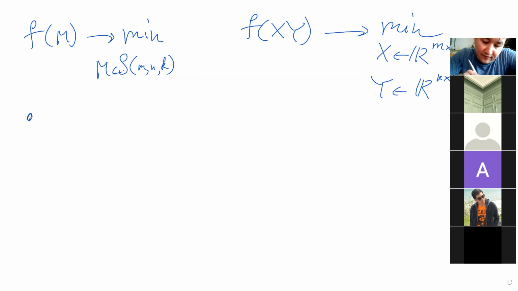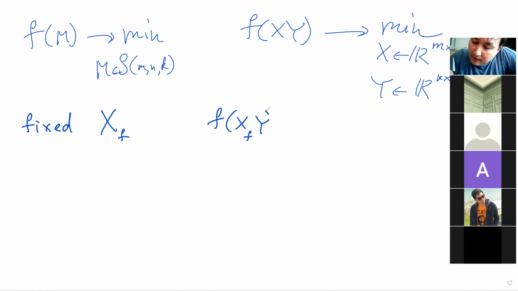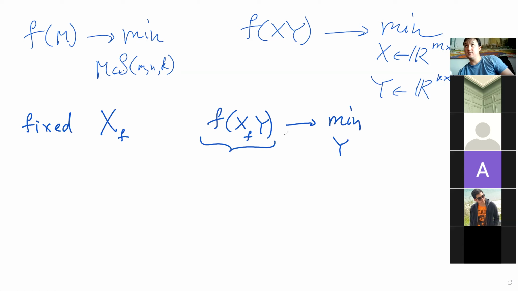Suppose that X is fixed. Let's denote it as X fixed. Then this problem can be efficiently solved. You can minimize over Y efficiently. Why is that? Because this will be convex.